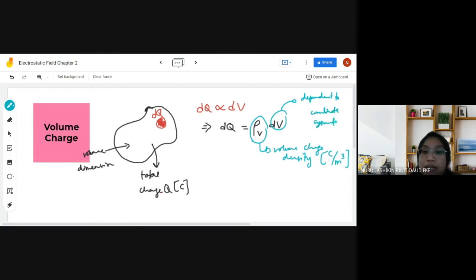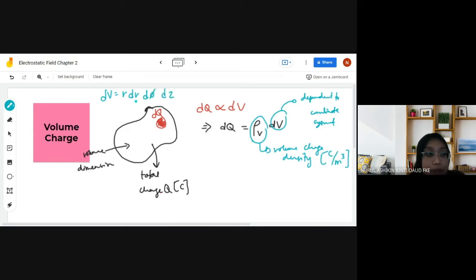It means that if the system is cylindrical, our dv will be the same as what we learned in chapter 1. If it is cylindrical, I hope you still remember, dv will be r dr d phi dz.